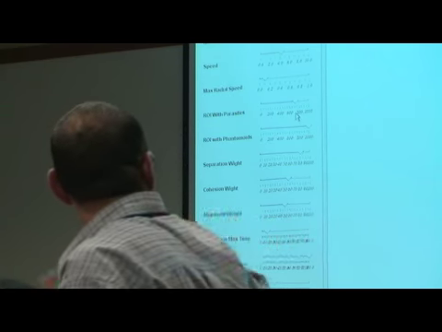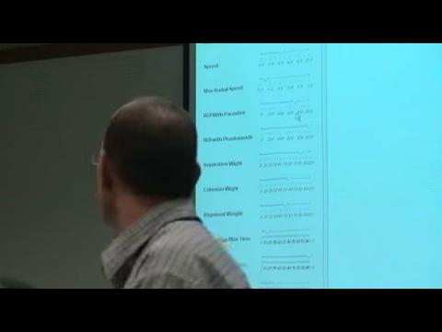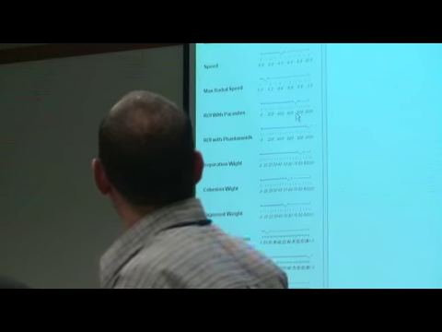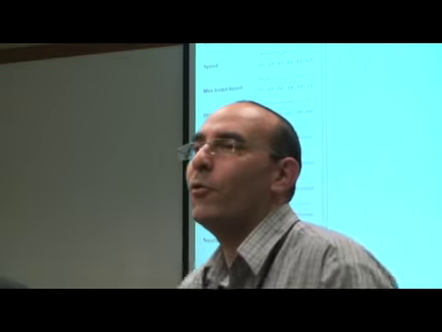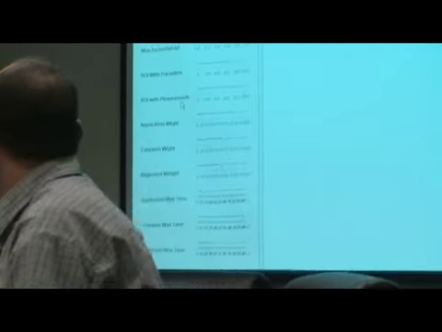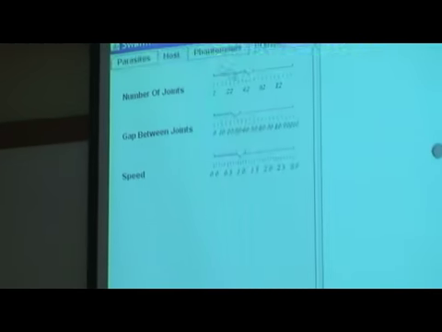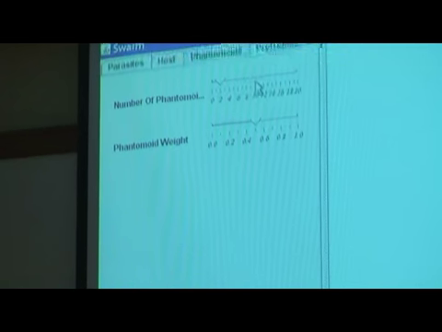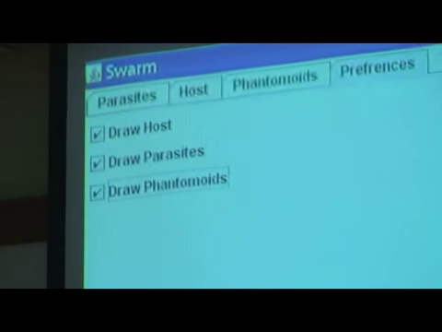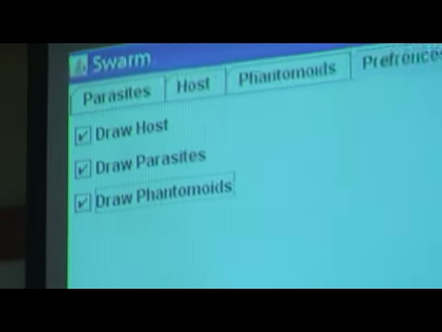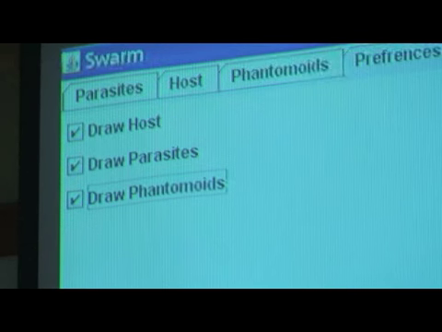So these parasites can interact with other parasites, but they can also interact with something that I call phantomoids. It's like voids, but phantom voids, which the host creature can have. So if I have this creature, I also have these phantomoids, phantom points on the back of this creature that the parasites follow.